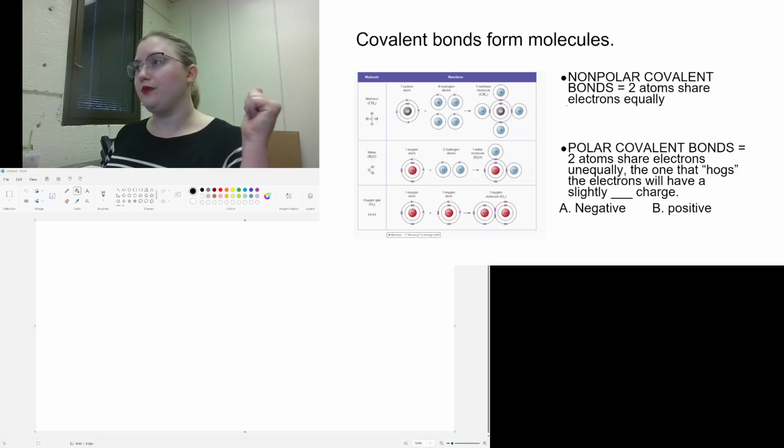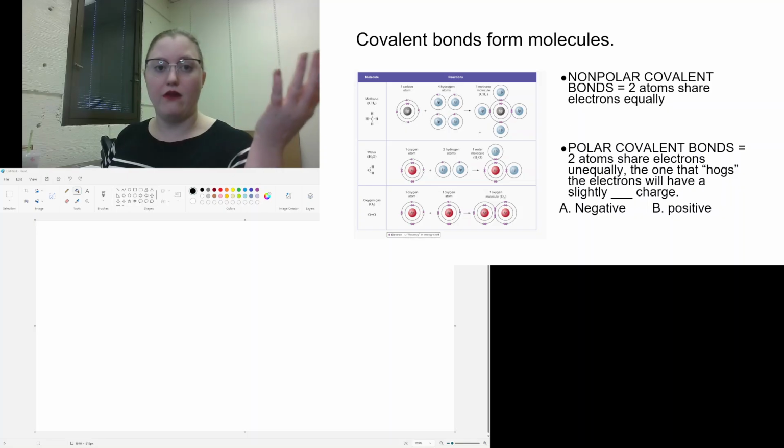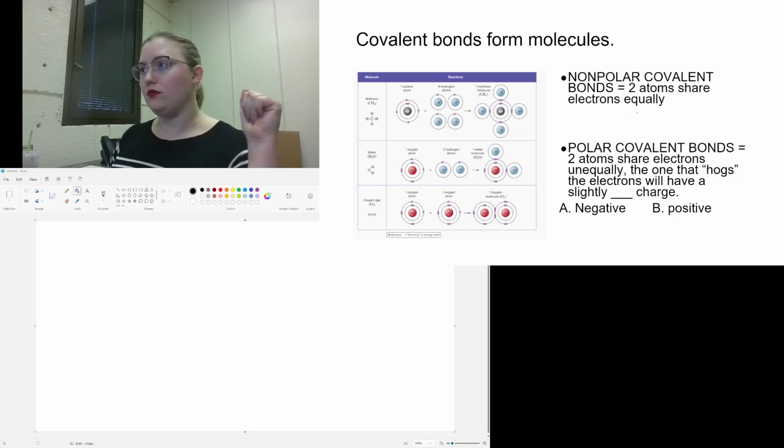So, sharing of electrons. This sharing can either be equal or unequal. Okay, so that's where we get polarity. But let's talk about just a nonpolar covalent bond first. So in our slide here, we have a carbon atom and we have 4 hydrogen atoms.